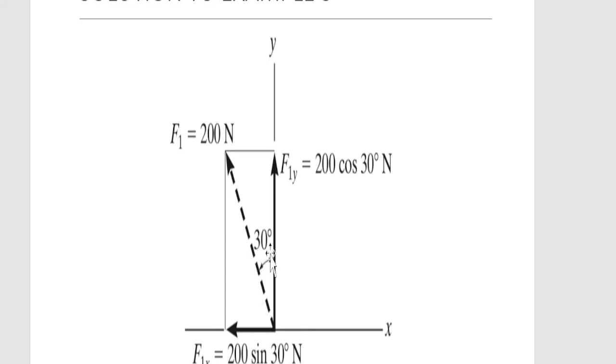So the perpendicular is F1x, divided by the hypotenuse, which is F1, 200. So F1x should be equal to 200 sine 30.